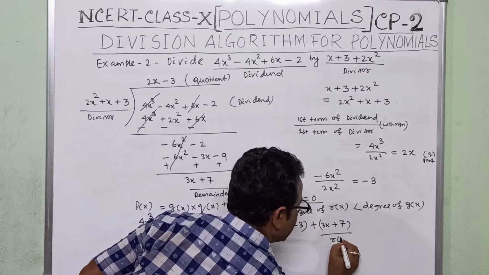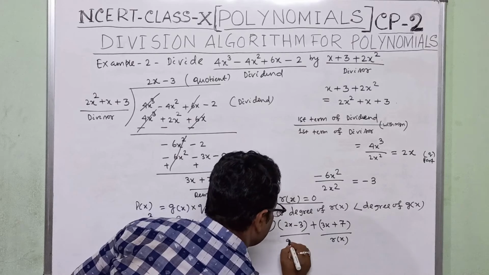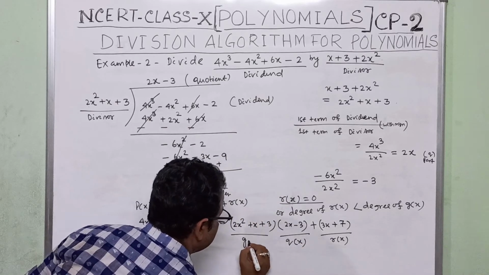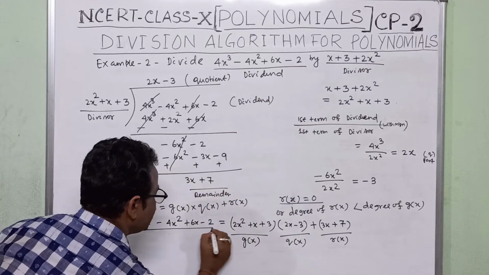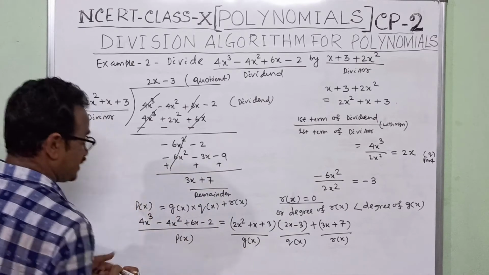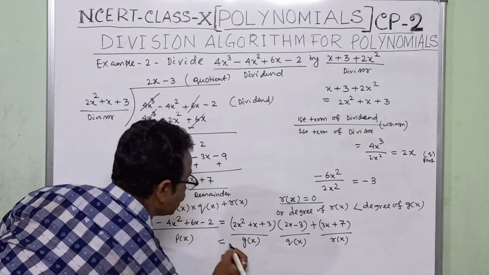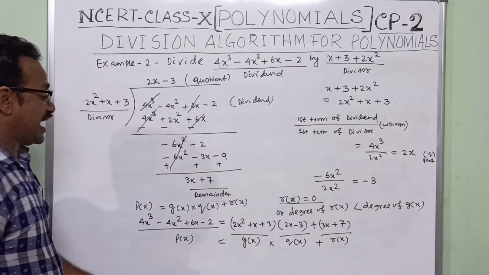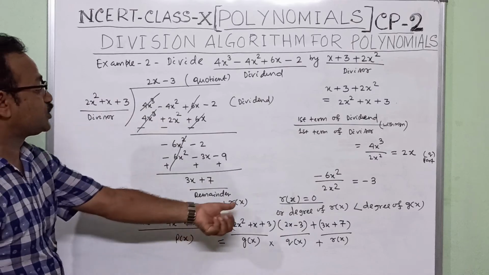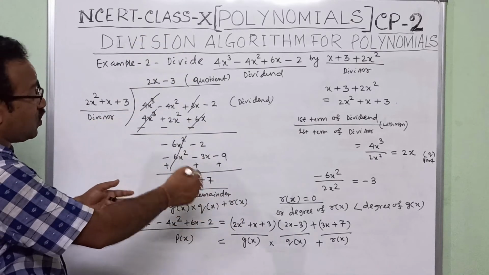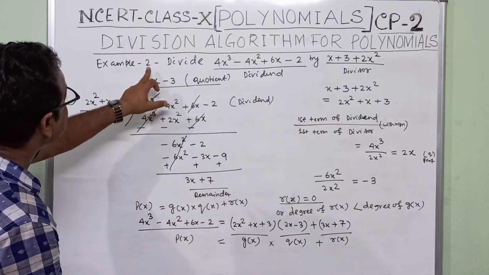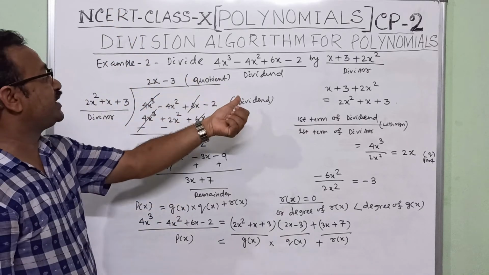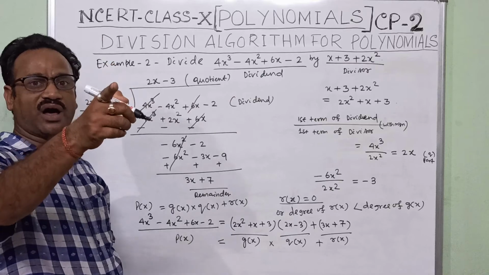This is your R(x), this is your Q(x), this is your G(x), this is your P(x). So P(x) is equal to G(x) into Q(x) plus R(x). So we have verified this. After performing the division, we got that dividend is equal to divisor into quotient plus remainder.